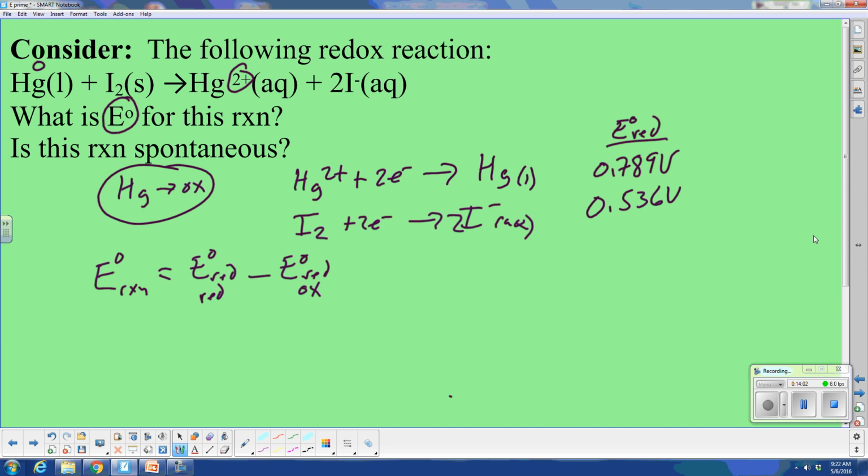My reducing species was the iodine, 0.536 volts, minus what was my oxidizing species? And it's the standard reduction potential for that oxidizing species. So you write down the number from the table. Don't do any changing of sign or anything like that. That'll just cause you problems.